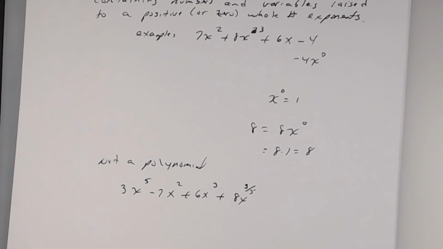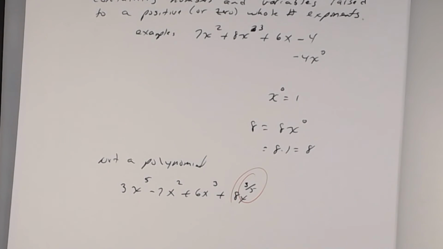I've got the 8x. 8x to the 3/5. What part of that made it not a polynomial? The fraction 3/5. Is 3/5 a whole number? No. So it's this right here that made it not a polynomial.